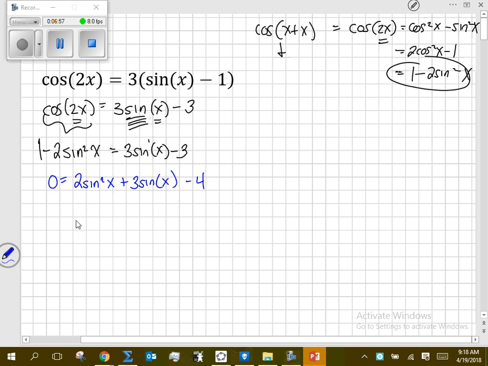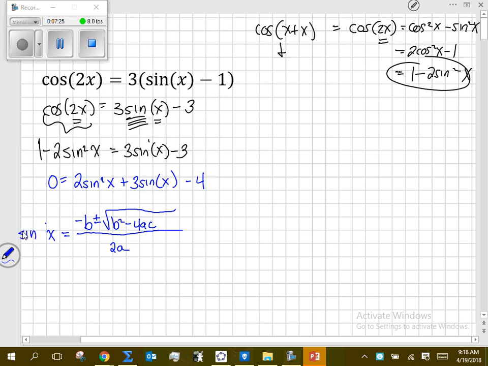Okay? Quadratic formula: opposite B, plus or minus the square root of B squared minus 4AC, all over 2A. Okay? And remember, when we used that in algebra, it was always equal to our variable part, right? Which in algebra usually that was x. Okay? But what is our variable part right now?